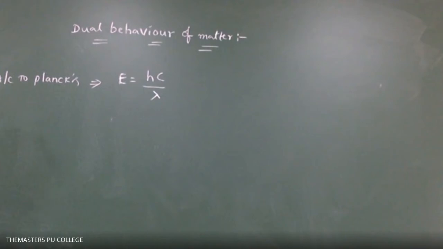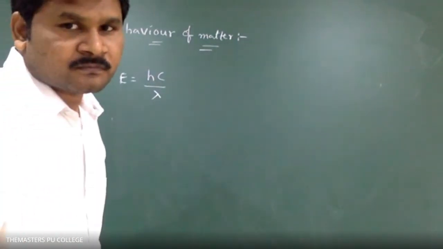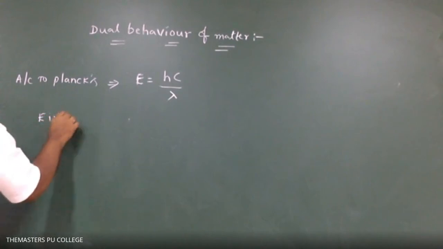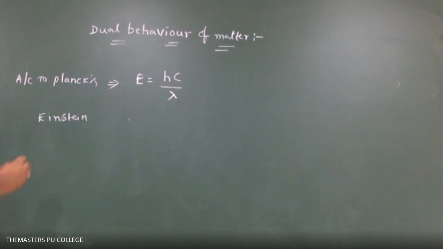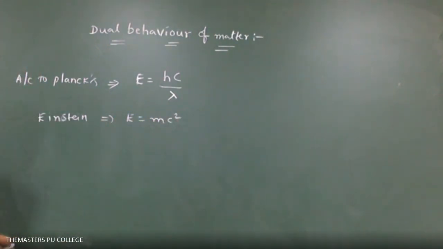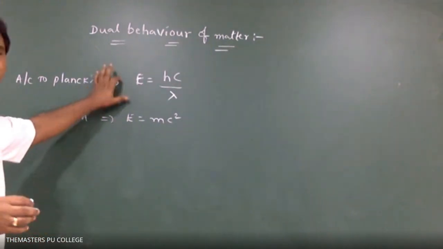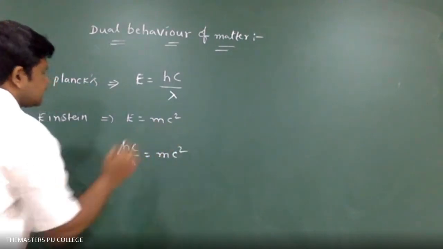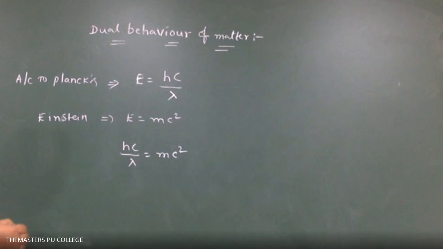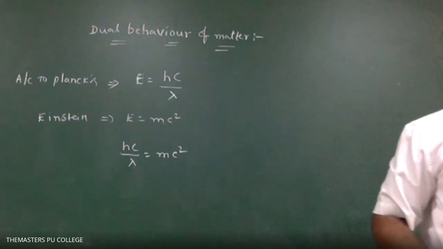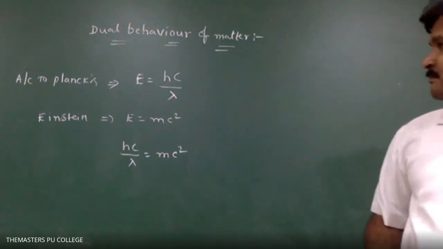Next, according to Einstein's energy mass relation, E is equal to mc square. Now I am comparing these two equations. So hc by lambda is equal to mc square. Look once, hc by lambda is equal to mc square. Lambda is equal to what?